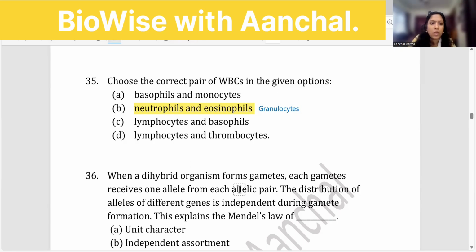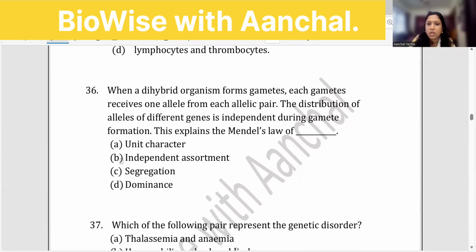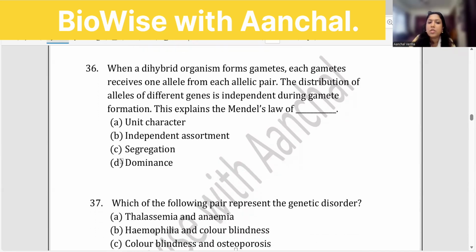Next one. When a dihybrid organism forms gametes, each gamete receives one allele from the allelic pair. The distribution of alleles of different genes is independent during gamete formation. This explains what?